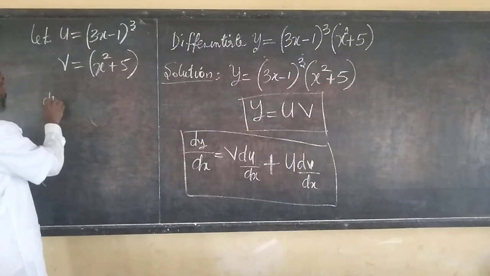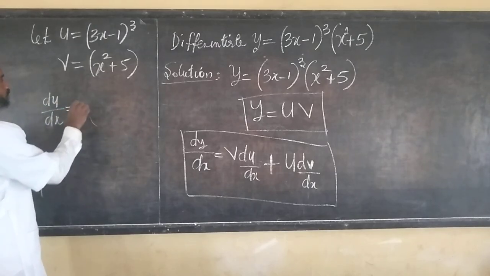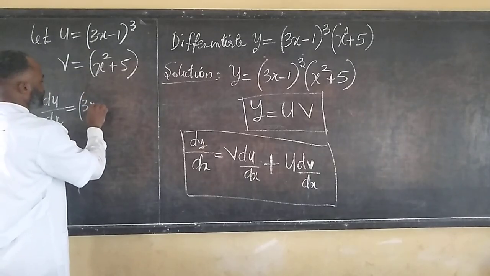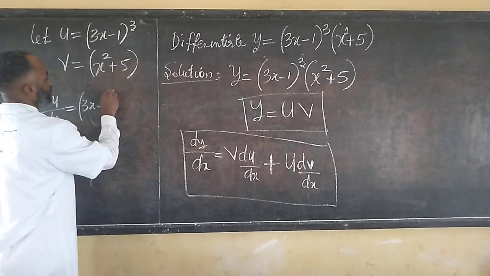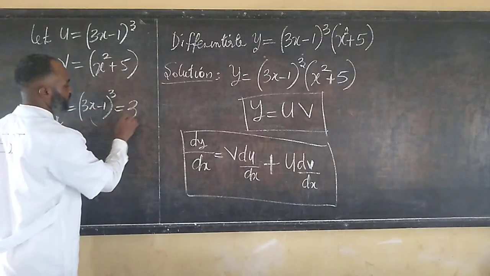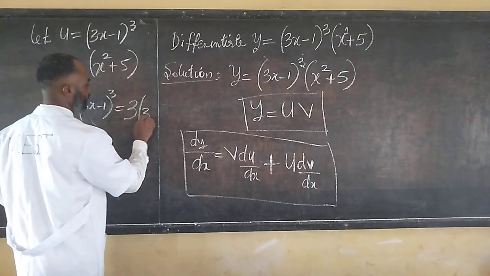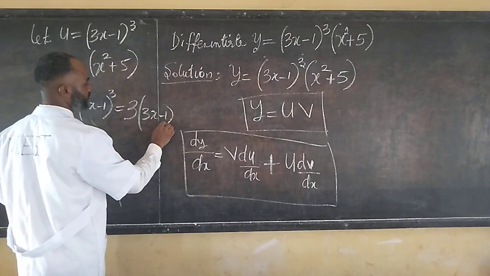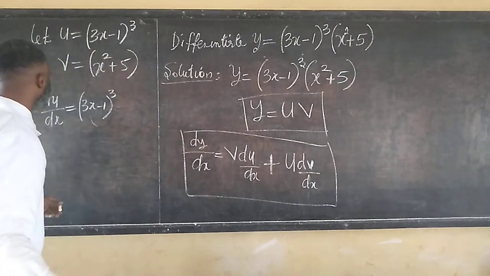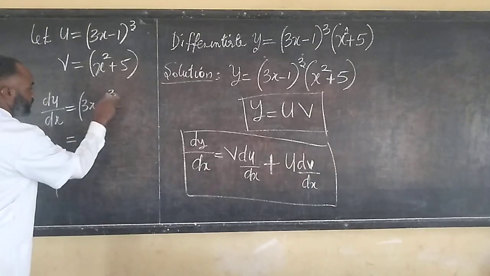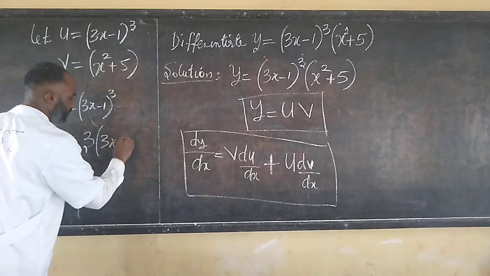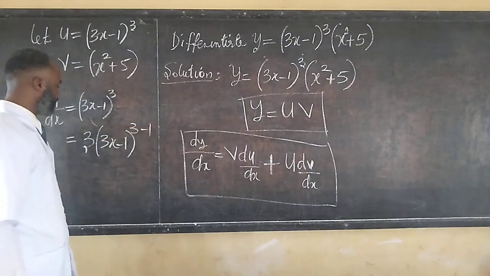So that is done this way. The first one is du/dx. So let's pick u, (3x minus 1) cubed. Differentiating this gives, we bring down 3, and we have (3x minus 1) into the bracket, and then 3 minus 1.